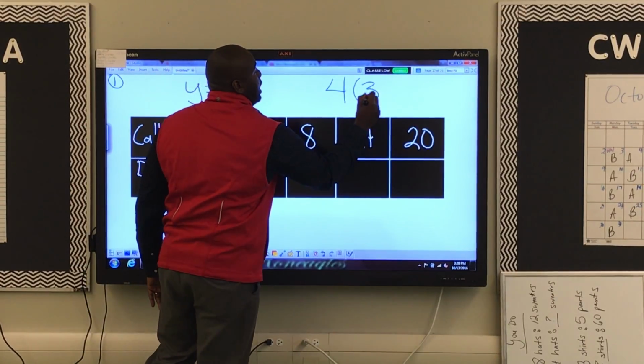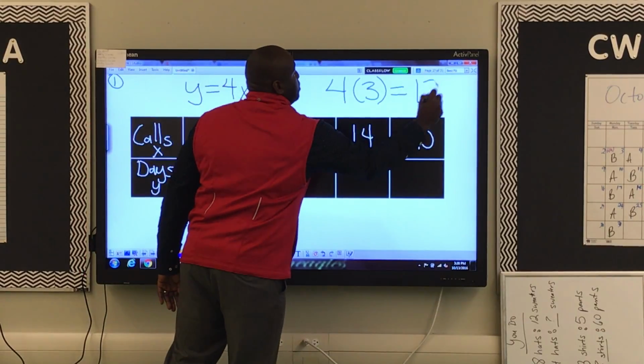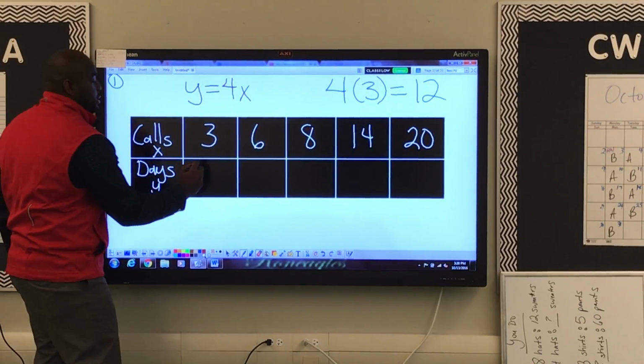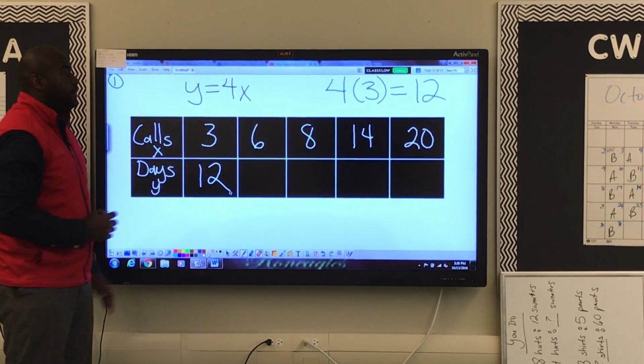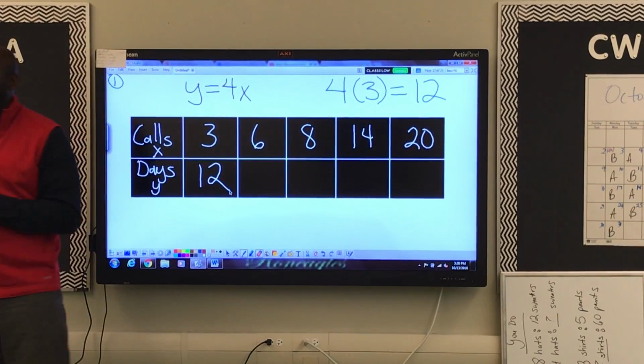Four times 3 equals 12. Very good. So for days, we should have 12. Take a few seconds and finish the rest of the table.